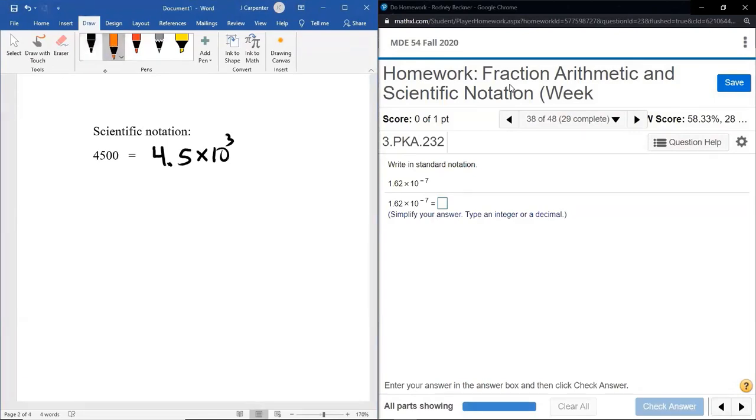The left is what we call standard, and the right is what we call scientific notation. I'm just abbreviating. The goal here, going to scientific notation, hold on, give me a second.